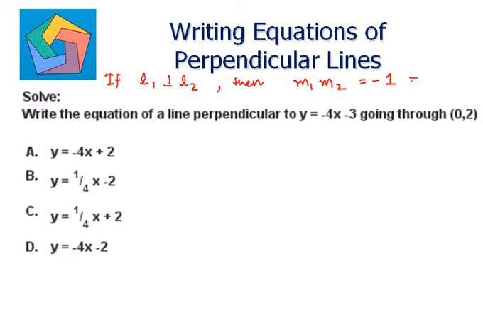We can also say m1 is equal to -1 over m2, or m2 is equal to -1 over m1. So this is the result we use for writing the equations of perpendicular lines.